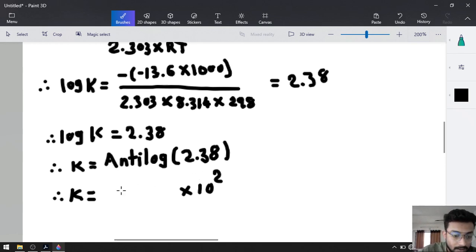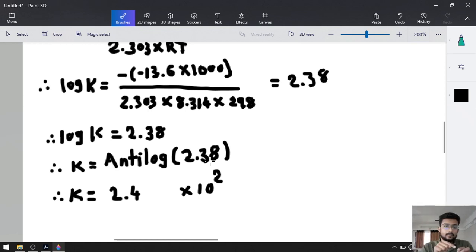In your book it will be 2.4. Actually there will be numbers like 2, 4, 0, 1 like that, and if you want to write it down, you have to put the point after the first number. Again let me repeat: the value before the point will be the power of 10, and the value after the point will be seen in the table of anti-log.